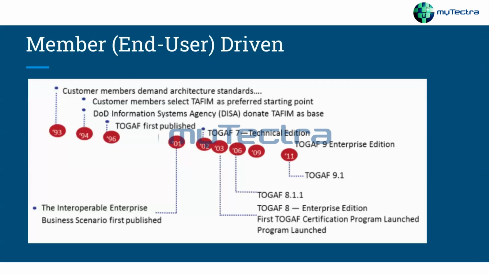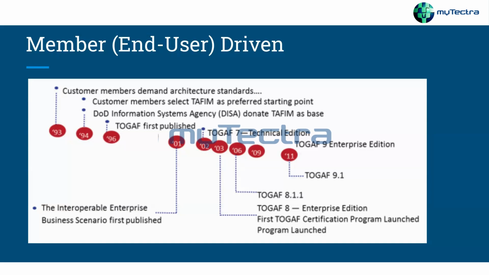So it is end user driven. What it illustrates is that around 93 or so, The Open Group observed the customer members' demand for architecture standards, right? So they wanted a standard. In 94, they selected TAFM as a preferred starting point.